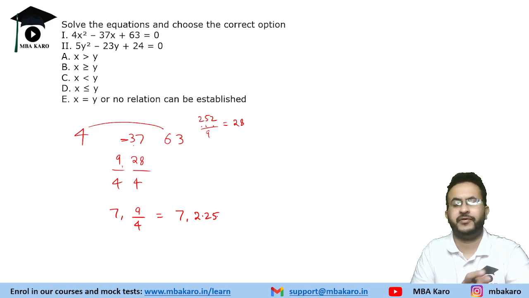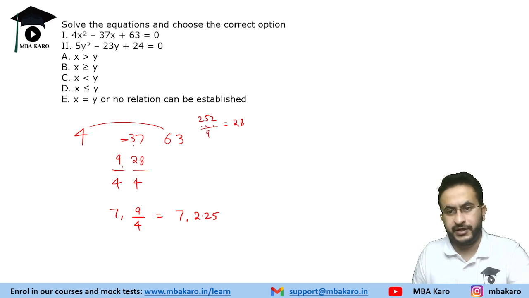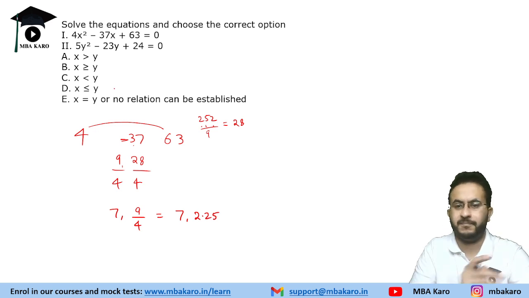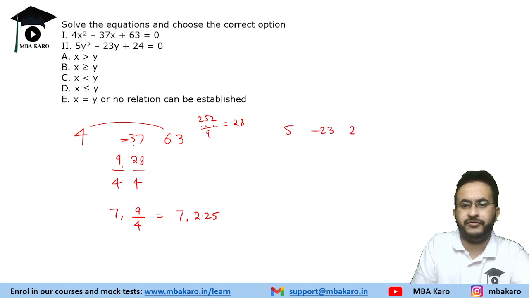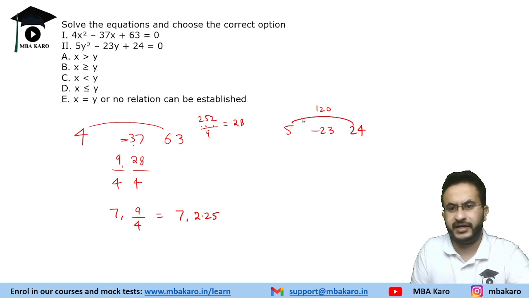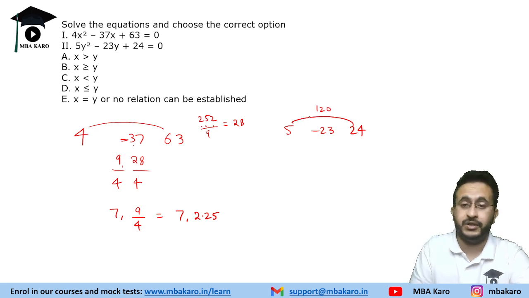So that is a straightforward method to solve quadratic equations. You just have to think of numbers, reverse the sign, done. Okay, the second equation is 5, minus 23 and 24, right? This is 120. Okay, 120 can be 12 into 10, 15 into 8.